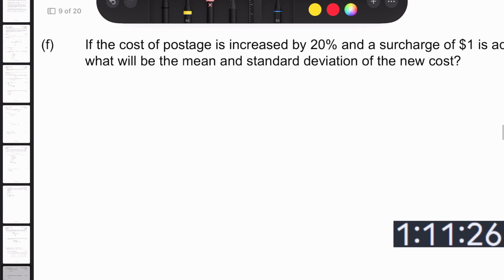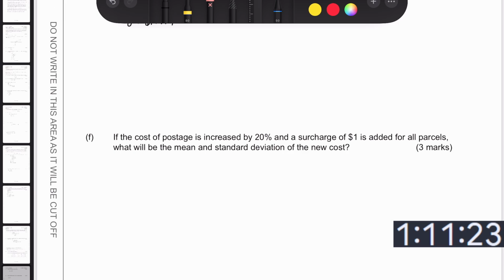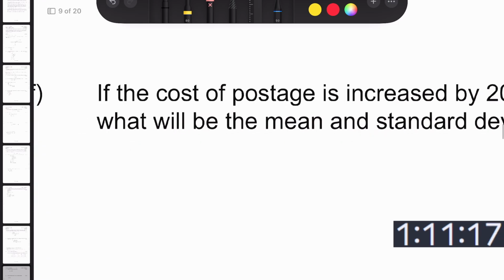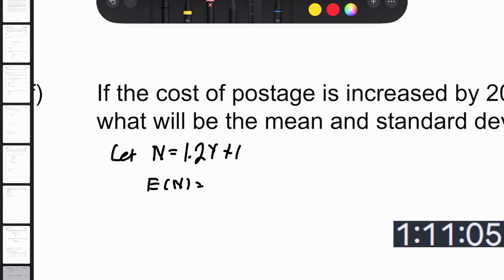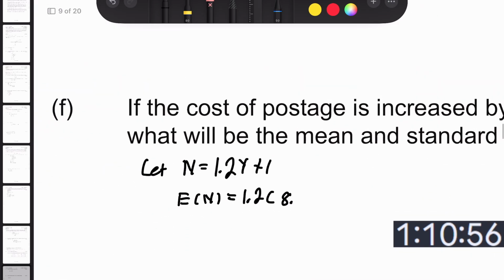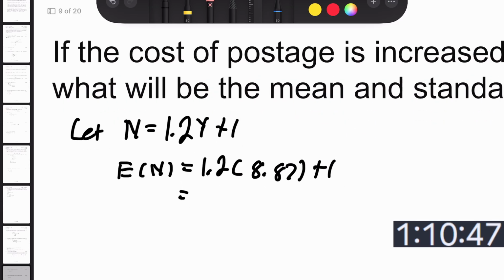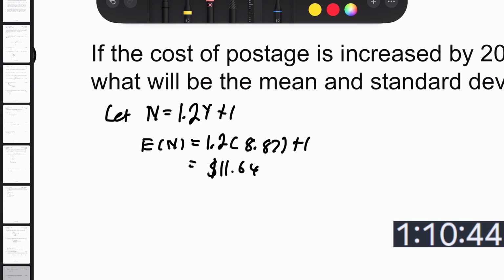If the cost of the package is increased by 20% and a $1 surcharge is added for all parcels, what would be the mean and standard deviation of the new cost? So let N equal 1.2 of Y plus 1. So the expected value of N is going to be equal to 1.2 of 8.87 plus 1, which is going to be 11.64.